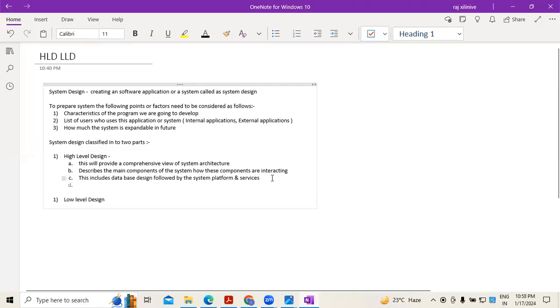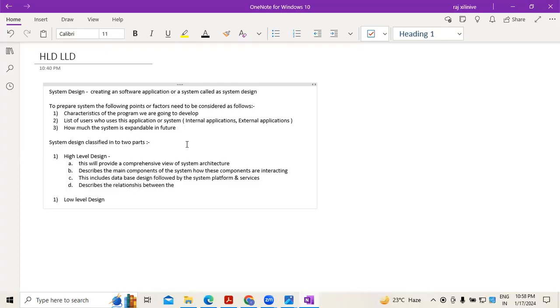Along with this, it also describes the relationships between the modules that are present in the system, right?